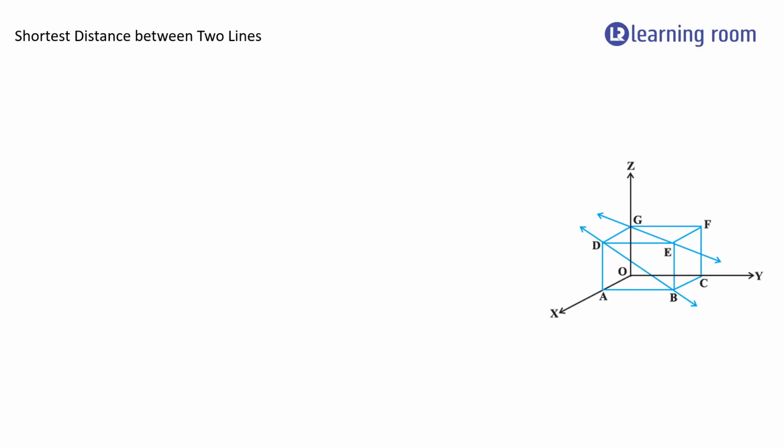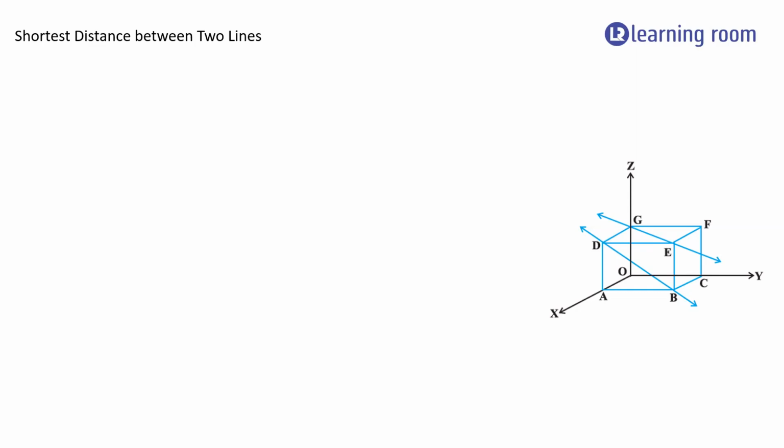Whereas if you know the two points through which the line is passing, you can write it in Cartesian form, or in vector form as r vector is equal to a vector plus lambda times b vector minus a vector.